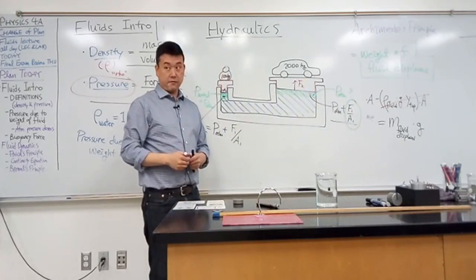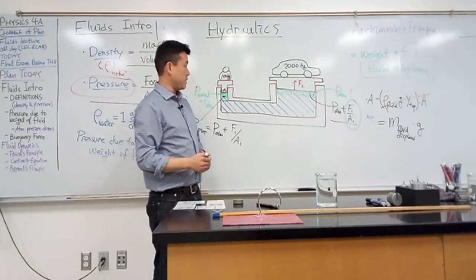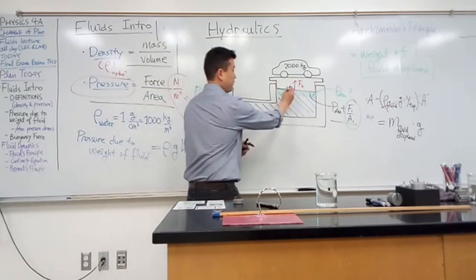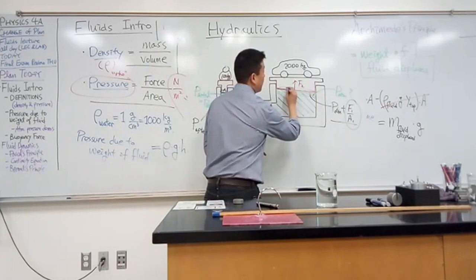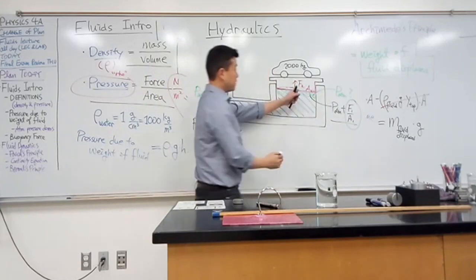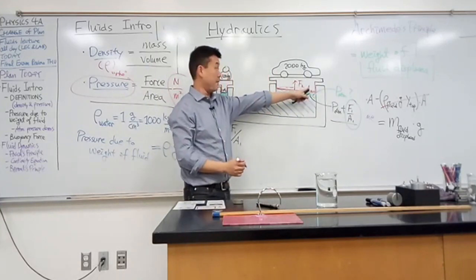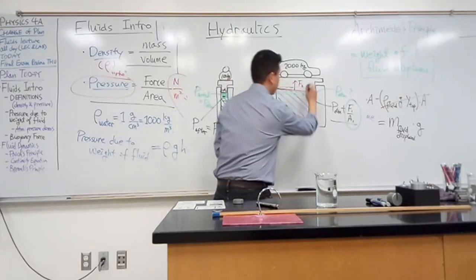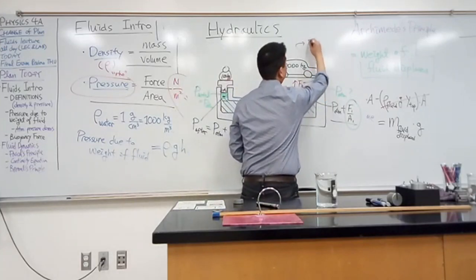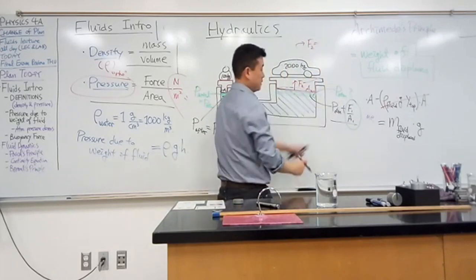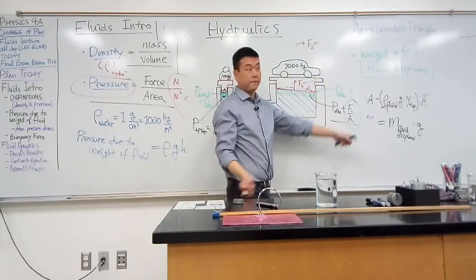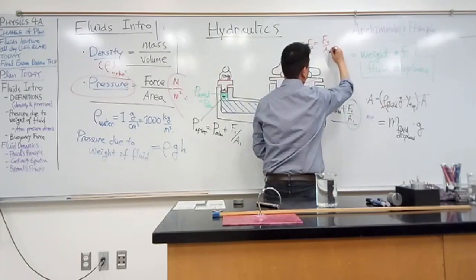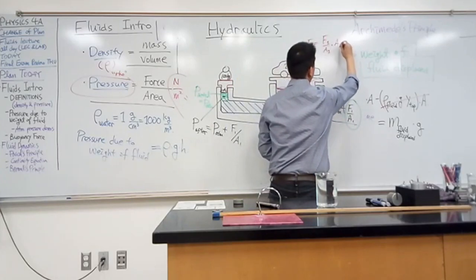Multiply by area, right? Is it this area that we are multiplying? No, it's the area of this surface that we are multiplying by. So to get this force F2, you multiply by the larger area here. F2 is equal to this additional pressure, F1 over A1, times A2.